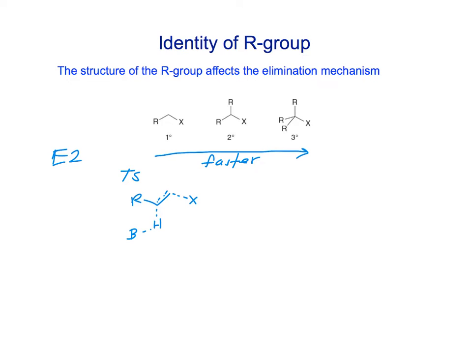Here's the base. So we usually have a delta minus for a strong base and a delta minus on the H. If we do this for a tertiary alkyl halide, we're going to have something that looks similar here.